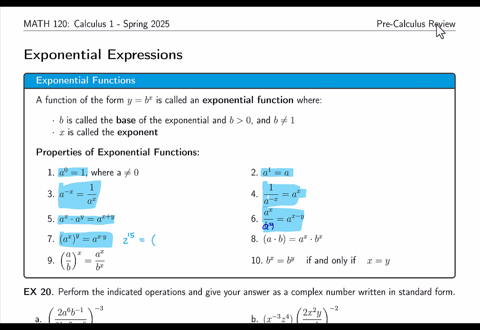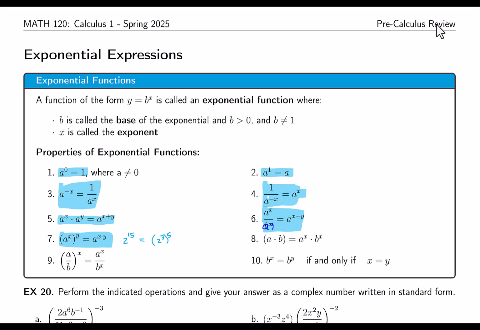You could say this is actually 2 to the 3rd power and then to the 5th power. All right, so then 2 to the 3rd would be 8, and then you would be doing 8 to the 5th power. And of course, you would have to know what 8 to the 5th power is, but regardless, you can split these. You can go the other direction as well.